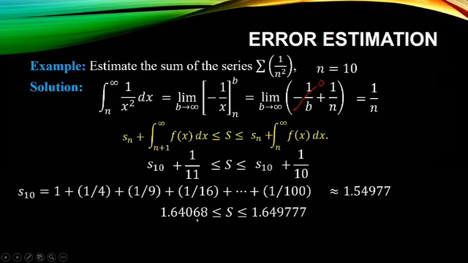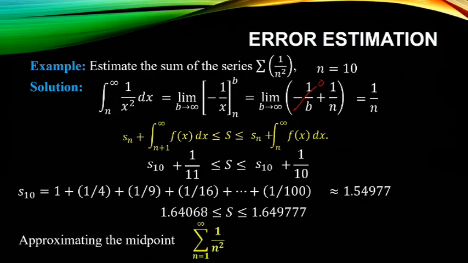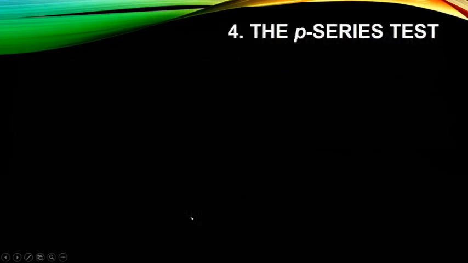So we have two boundaries for the total sum. Approximating with the midpoint, the summation of 1 over n squared from 1 to infinity is approximately 1.6452. So we just take the midpoint of those two boundaries.